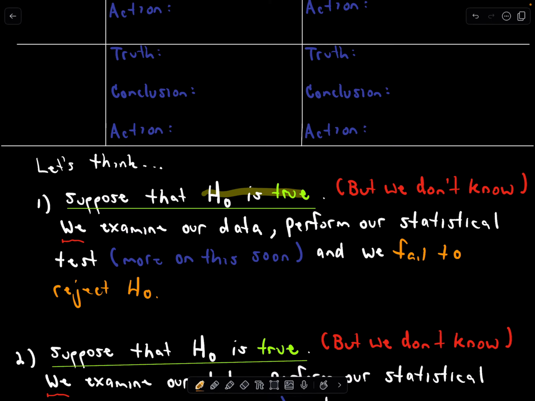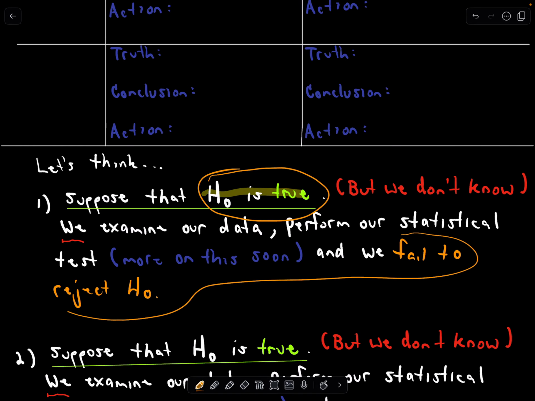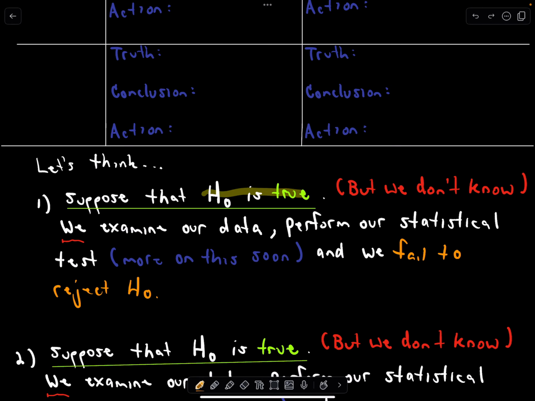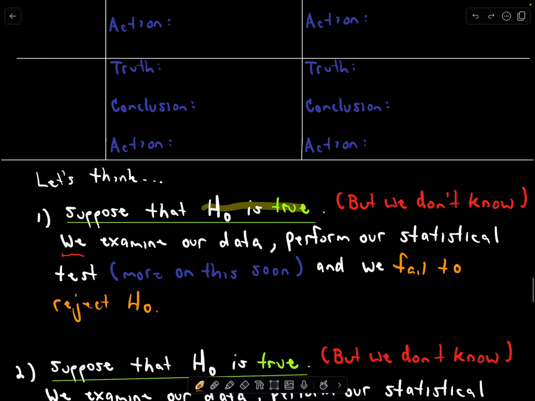What that in a sense means is we assume it to be correct. So it says that there is no difference between those two soaps. That's the ultimate truth. But based on our data, we also fail to reject it, which means we, in a sense, are accepting it, which again means that we are believing that there is no difference.